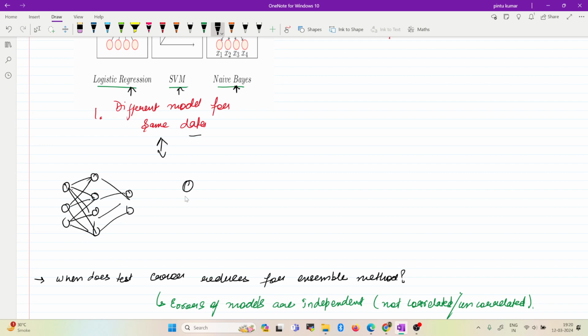And there is another possibility where you have only 2 neurons in the hidden layer. So these are the two different architectures that you have. You will train both architectures and then take a combination of both of them. You can have many similar architectures of which you want to take combinations.